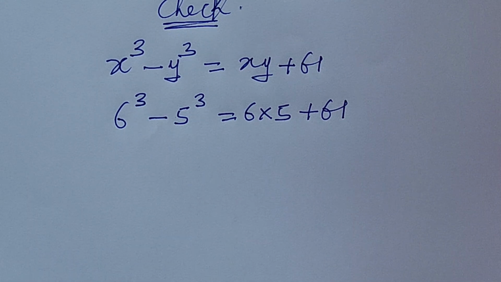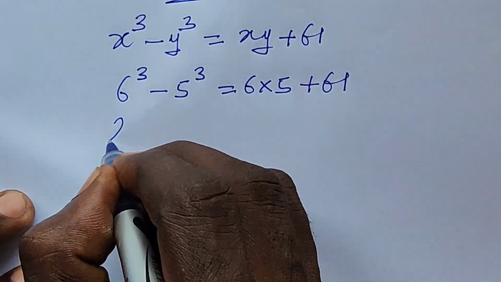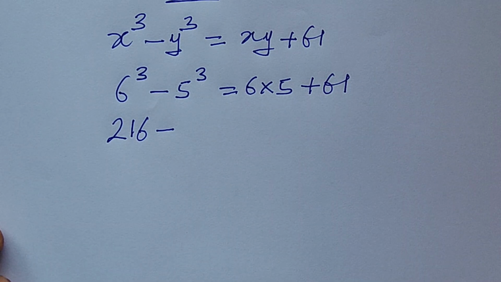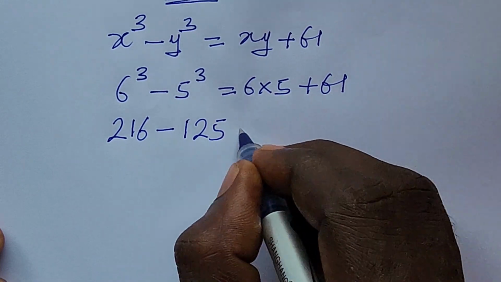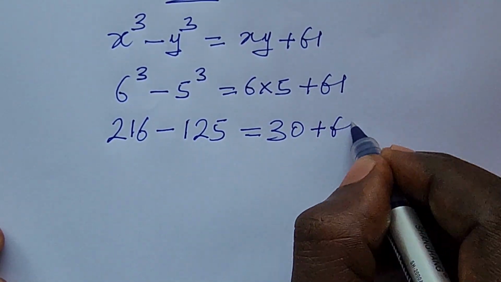So what is 6 to the power of 3? That will give us 216. So we have 216 minus 5 to the power of 3, which will give us 125. So 125 equal to, and 6 times 5 will give us 30, plus 61.